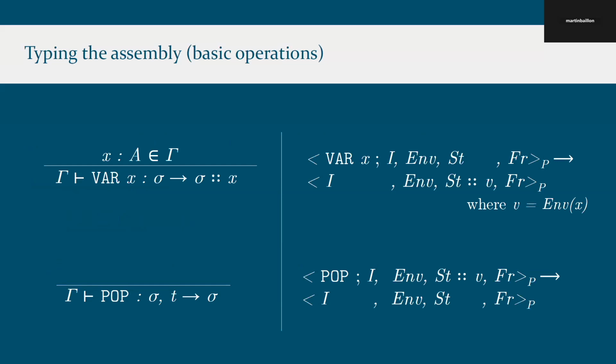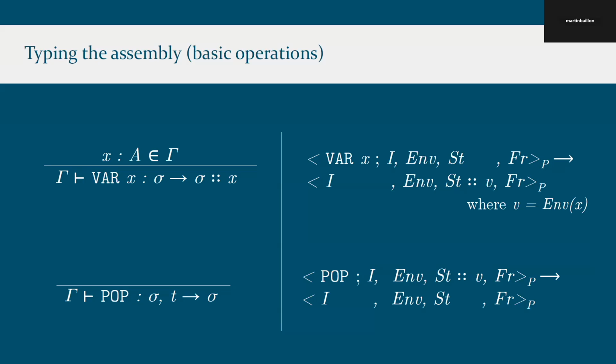So at the left-hand side, you have the typing rules. For the simple ones, for example, var x, which is fetching x from the runtime environment, the type says this instruction transits the stack sigma to a stack containing sigma followed by x.